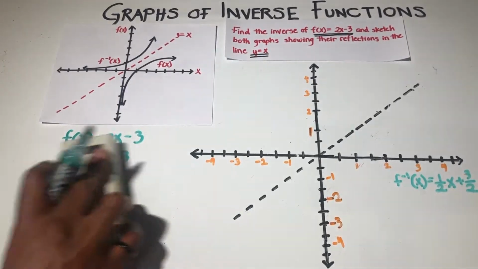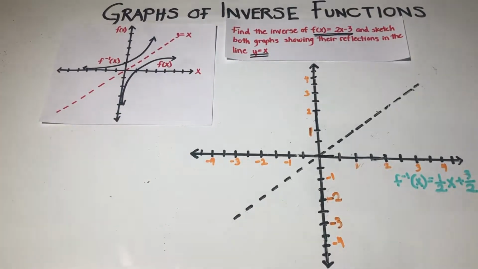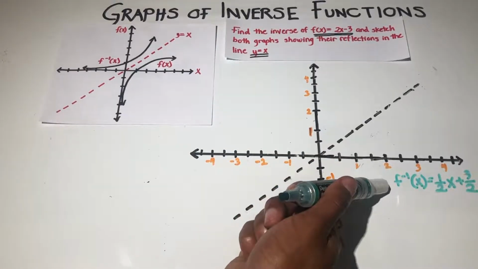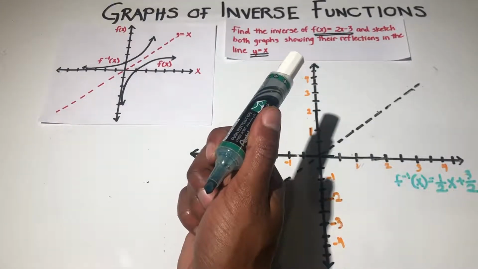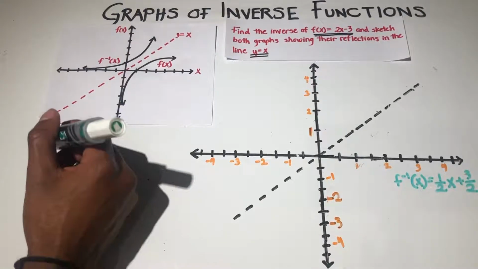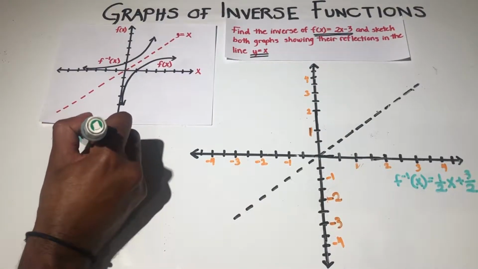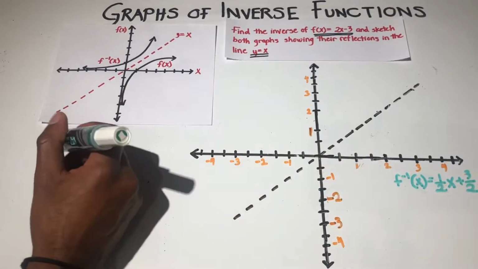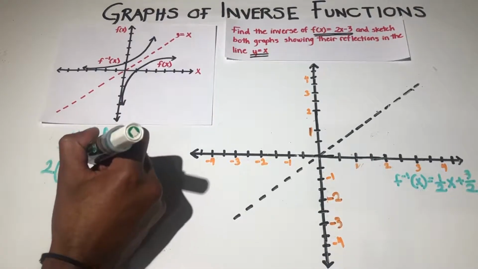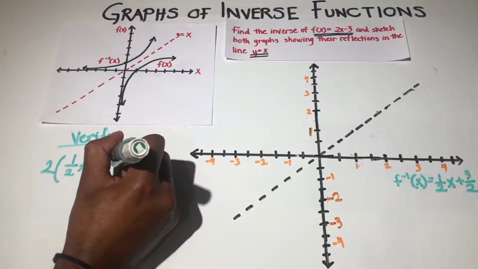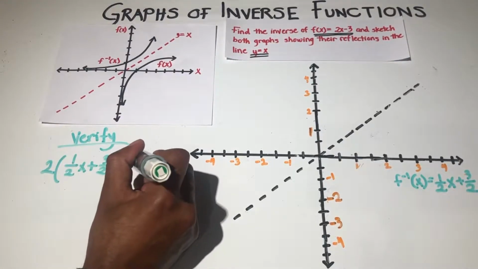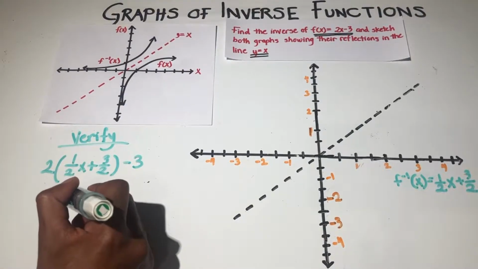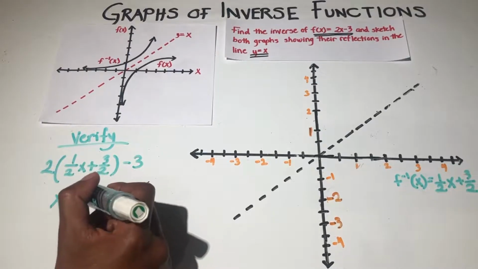So we're going to verify just to see that we got the right inverse function. The way to do this is to take the inverse and replace it for each x in the original function, which is 2x minus 3. So 2 times (one half x plus 3 over 2) minus 3. 2 times one half x gives us 1x, which is just x, plus 2 times 3 over 2, which is 6 over 2.